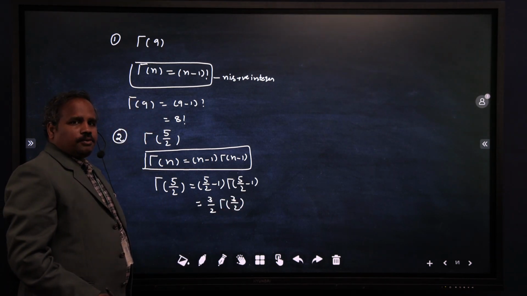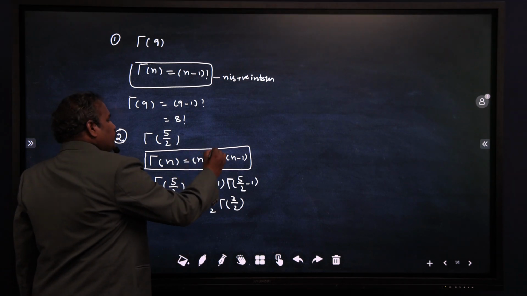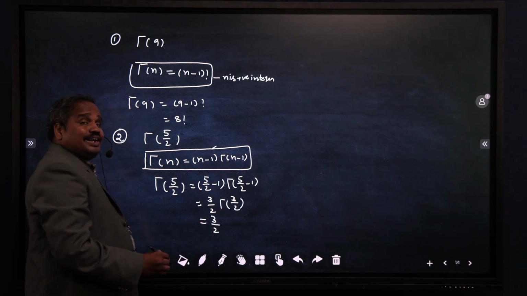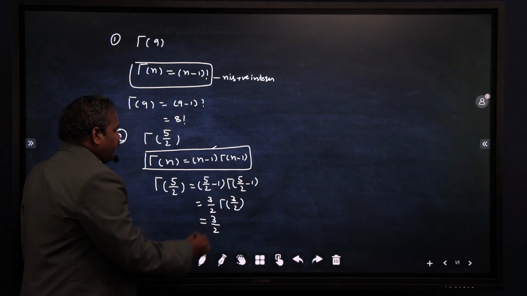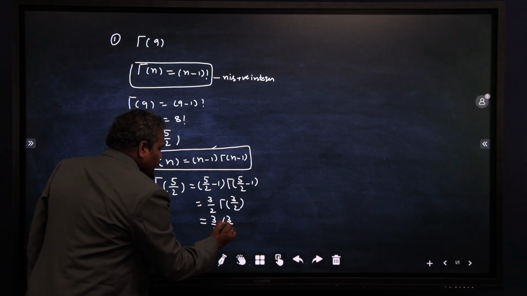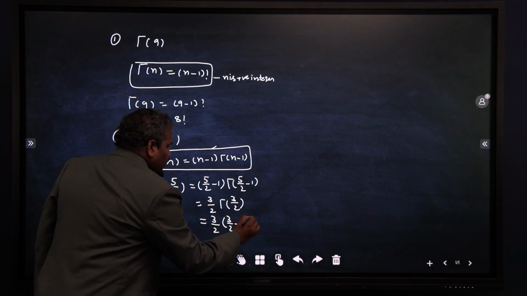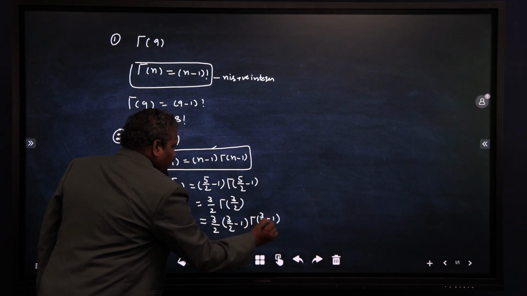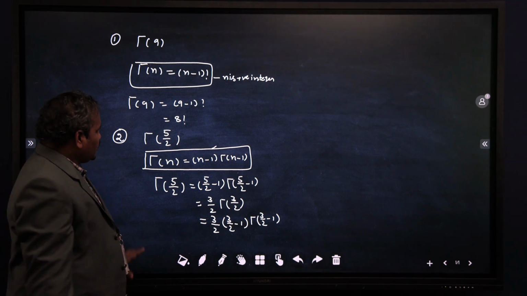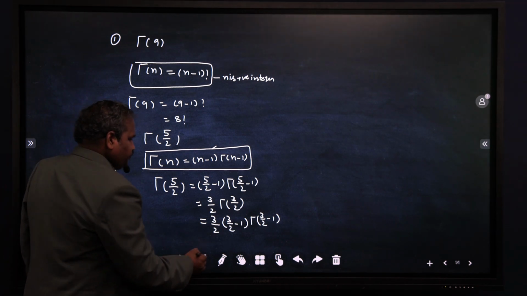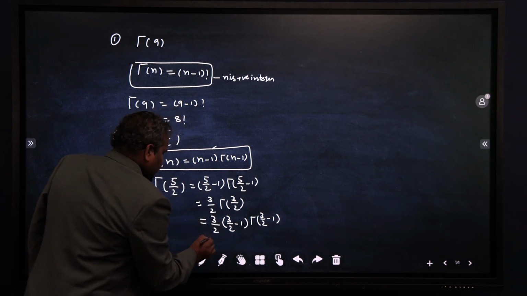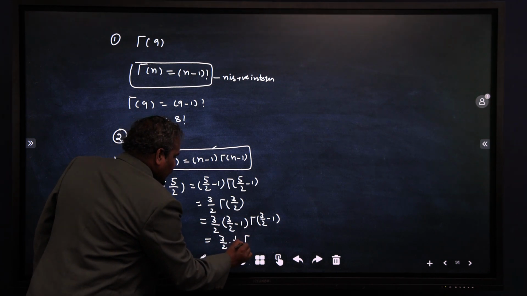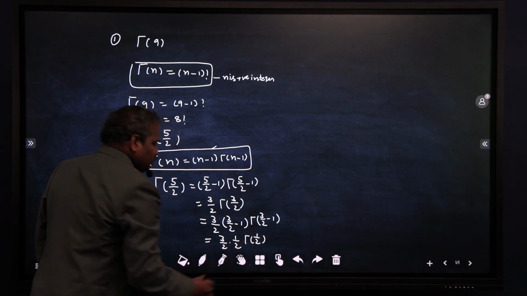Again we have gamma of 3 by 2. Again apply the same formula: 3 by 2 into gamma of 3 by 2, which is 3 by 2 minus 1 into gamma of 3 by 2 minus 1. This is equal to 3 by 2 into 1 by 2 gamma of 1 by 2.